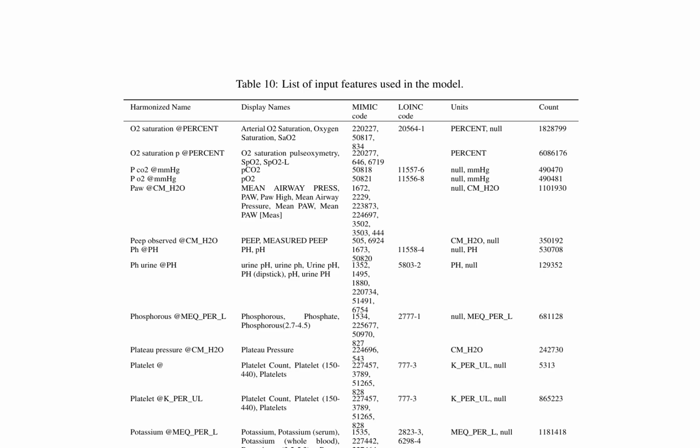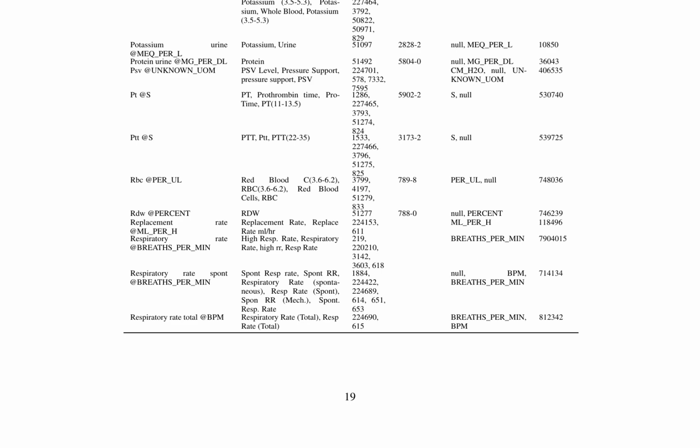For example, oxygen saturation is represented by three codes: 50,817, 646, and 6,719 with units in percent, while platelet count is represented by two codes: 227,457 and 3,789 with units in K_per_ul. The inclusion of these features is crucial for developing a robust model that can accurately predict patient outcomes.